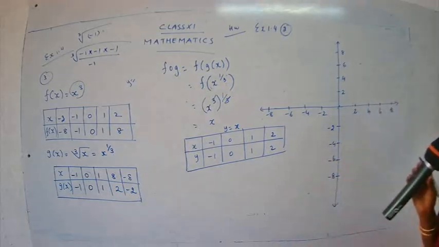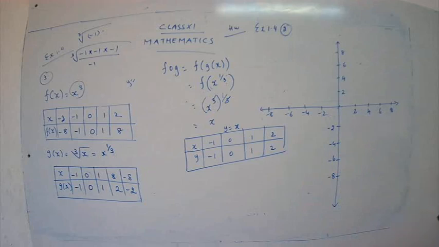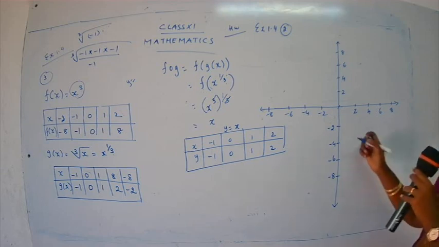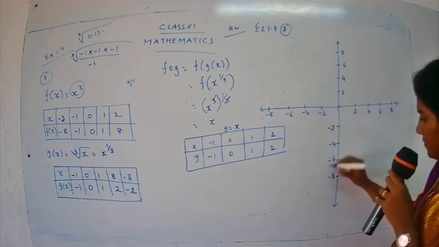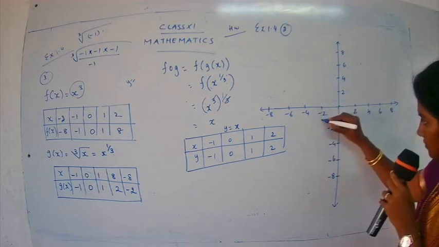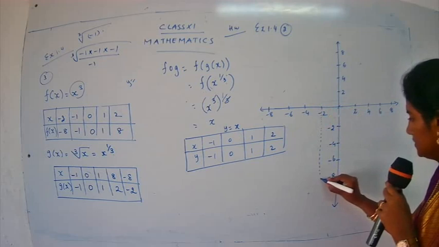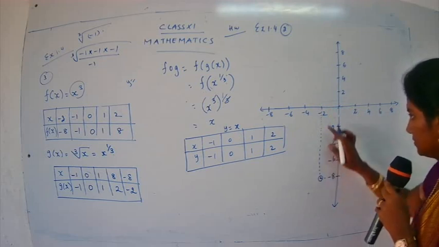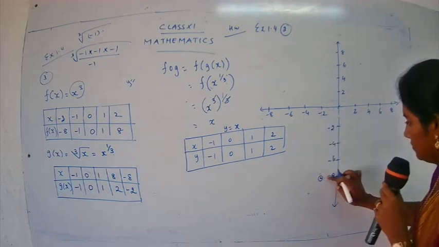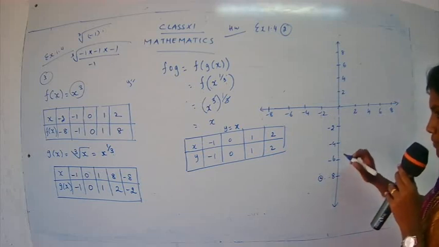Plot the graph first. First plot the graph for x cube. Minus 2, minus 8. Okay, till here, it comes till here. Minus 1, minus 1.